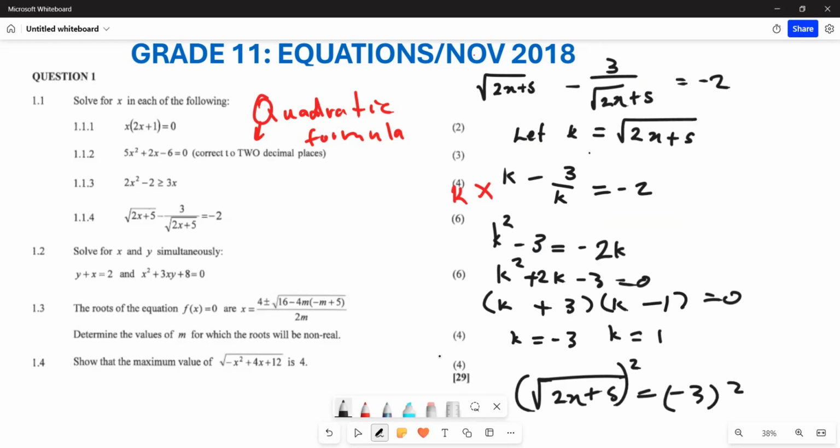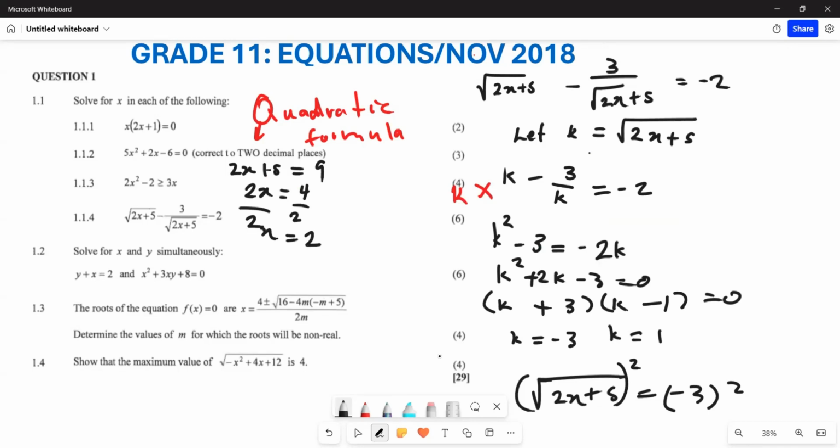So this is going to be 2x plus 5 is equal to -3 squared, which is 9. So 2x is equal to, when you take the 5 this side, 4, divide by 2, which means x is going to be equal to 2.